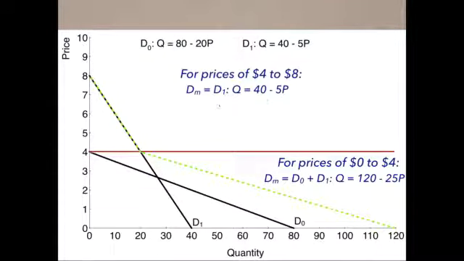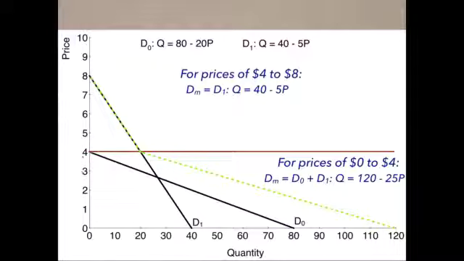So for example, if you were asked to determine what the market quantity demanded is at a price of 6, you would just place 6 in place of P here, and you would get 40 minus 30, the 30 being 5 times 6. So the quantity demanded at a price of 6 is going to be equal to 10.